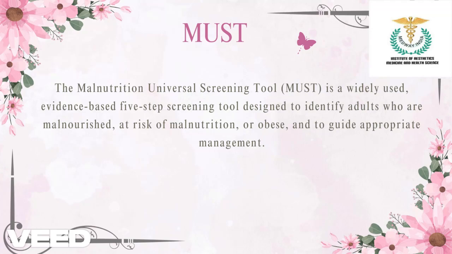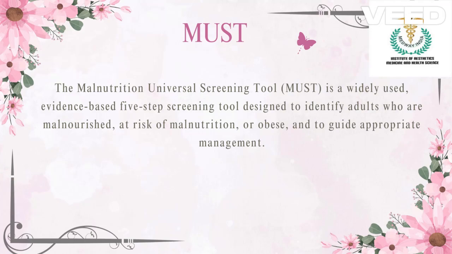First is going to be MUST. What is MUST? The full form is Malnutrition Universal Screening Tool. It's a widely used, evidence-based five-step screening tool, which is helpful for identifying adults who are malnourished or at risk of malnourishment. If they are obese as well, it can guide appropriate management.